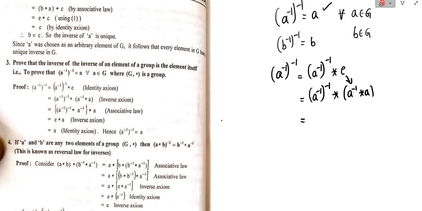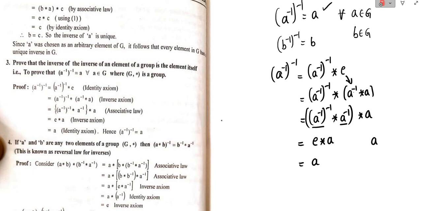Next, again by using the associative law, ((a inverse) inverse * a inverse) * a, which is equal to, observe, element times inverse of this element, that is e only. e * a is equal to a.